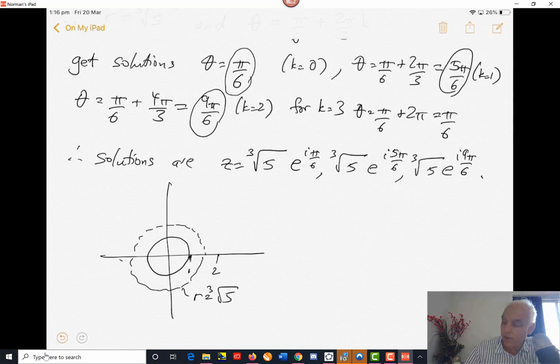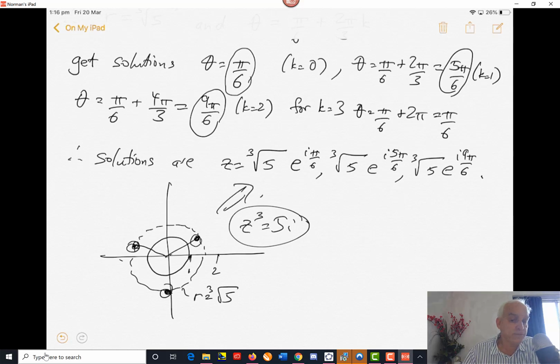Our 3 points are ones where the argument is pi over 6, so that's like this one over here. The next one is 5 pi on 6, something like this. And then 9 pi on 6, which is the same as 3 pi over 2, is right down here. So these are the 3 solutions to z cubed equals 5i geometrically, and here are the corresponding algebraic values.